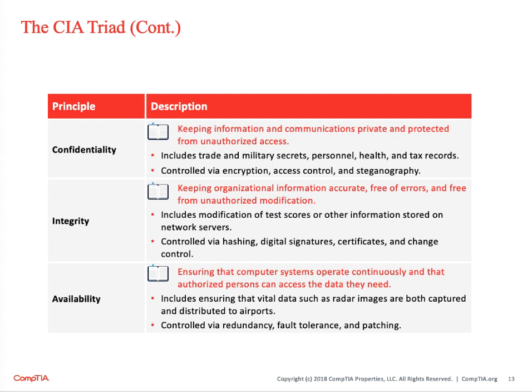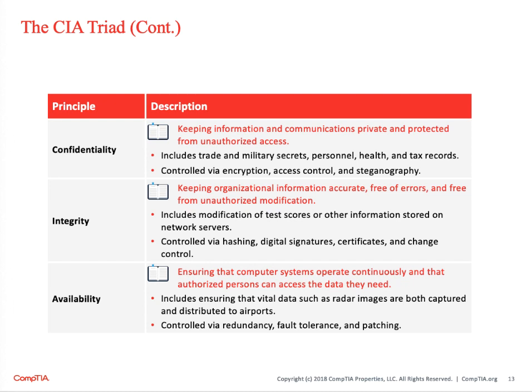All right. And then finally, we have availability. This is the principle of ensuring that computer systems operate continuously and that authorized persons can access the data that they need. Information available on a computer is going to be pretty much useless unless we can actually get to that information, right?